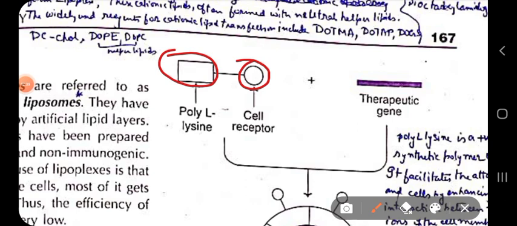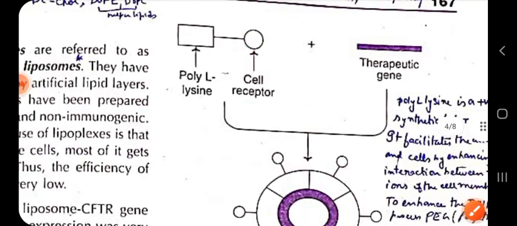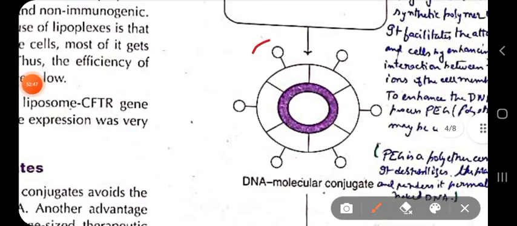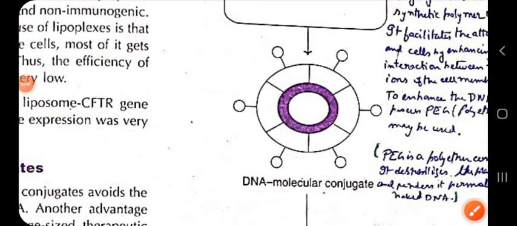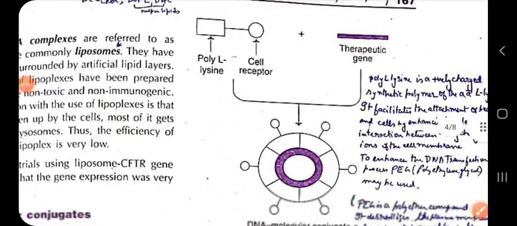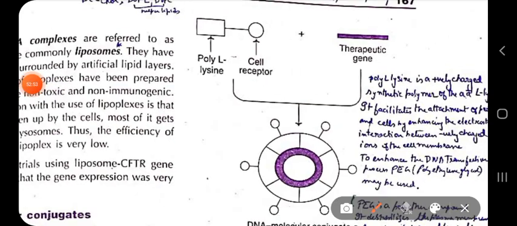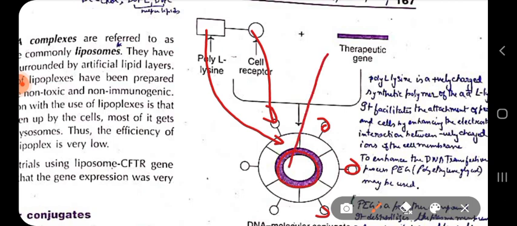Then the therapeutic DNA is made to combine with them and form a complex. Here we can see it forms a conjugate. If I mention this part, the inner part is the poly-L-lysine, this is the cell surface receptor where it can interact with the target cells, and inside, the purple color is your target DNA, the therapeutic DNA.